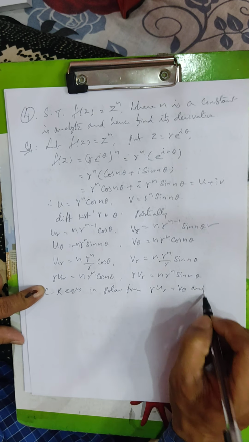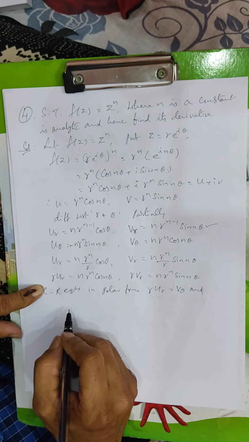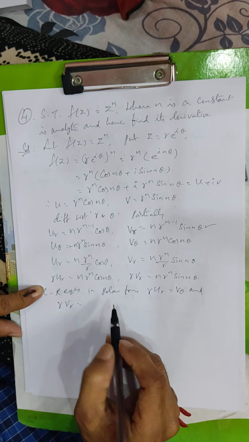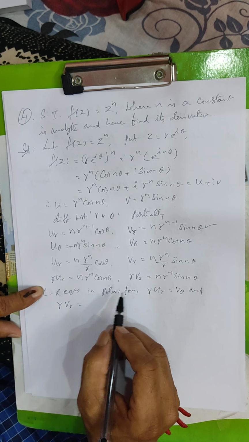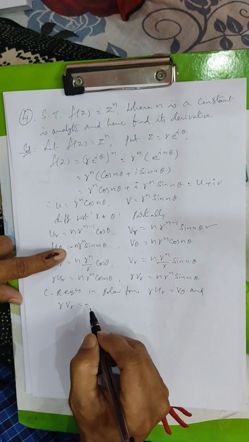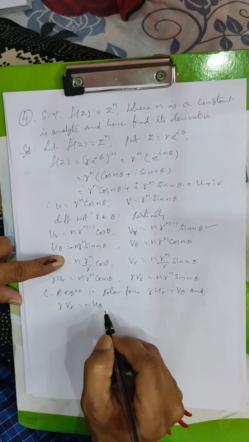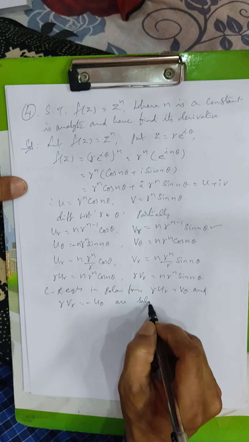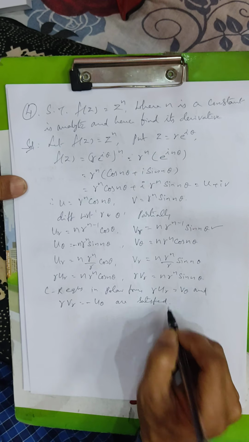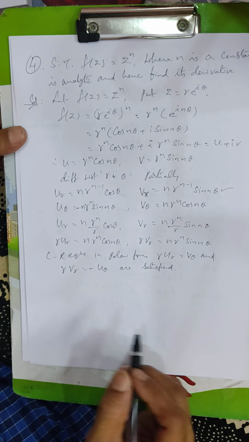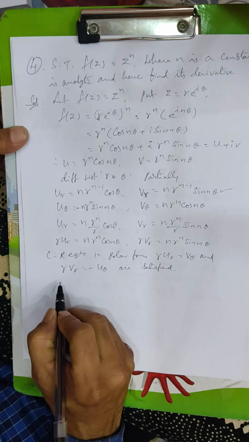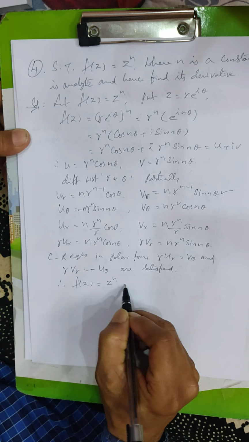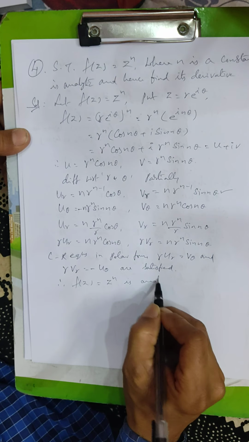And r v r is equal to minus u theta. These are satisfied. So when the CR equations are satisfied, therefore the given function f of z is equal to z power n is analytic.